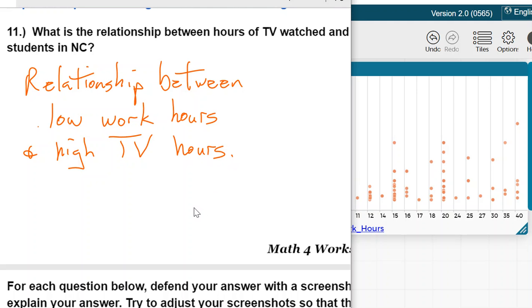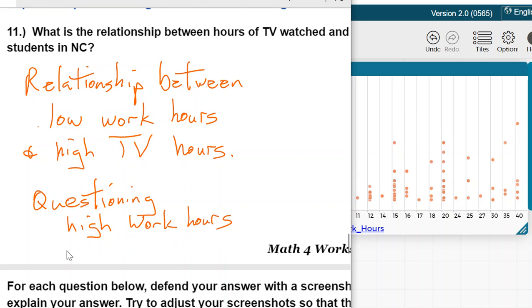That much we can point out, and we're questioning high work hours and high TV hours. I just don't see how you can do both and graduate high school.